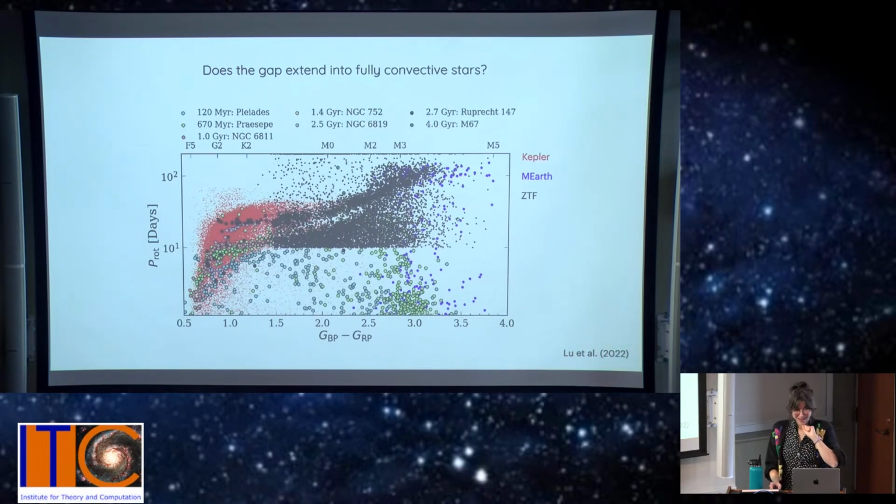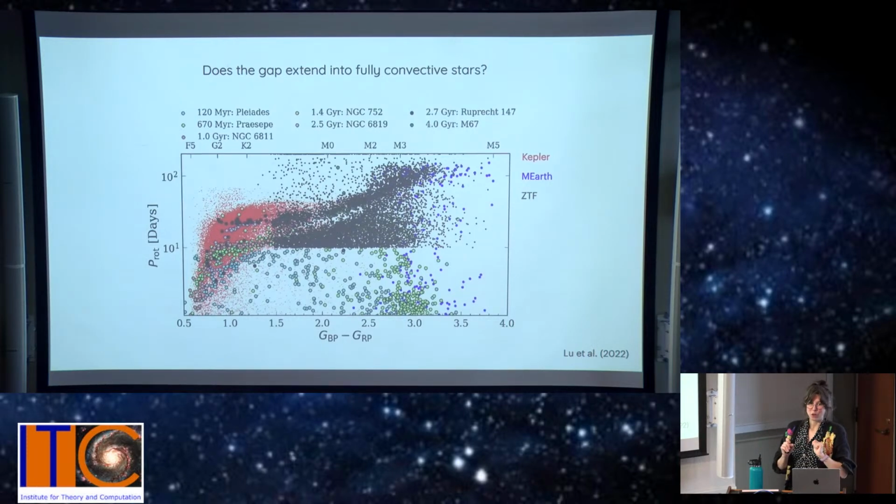Exactly why there's a gap is still not clear. It could be that stars spin down, spin down, spin down, stall, and then spin down really quickly to cross the gap, transitioning really fast across this period range, and therefore the gap is unpopulated.